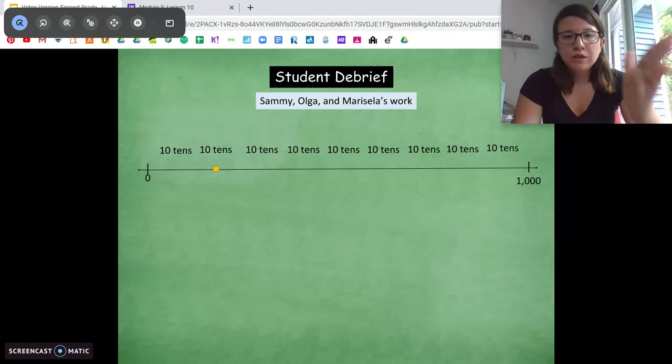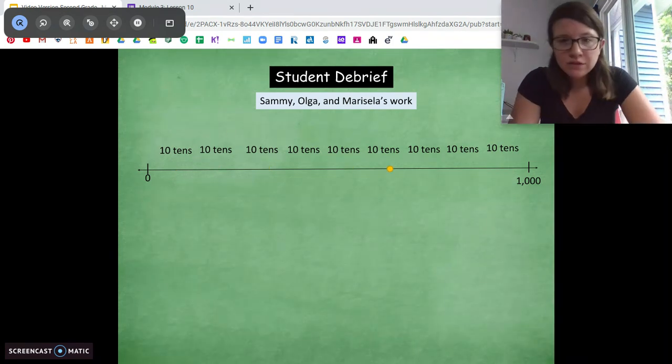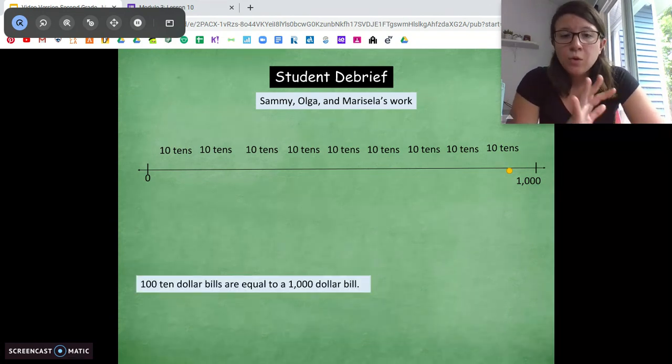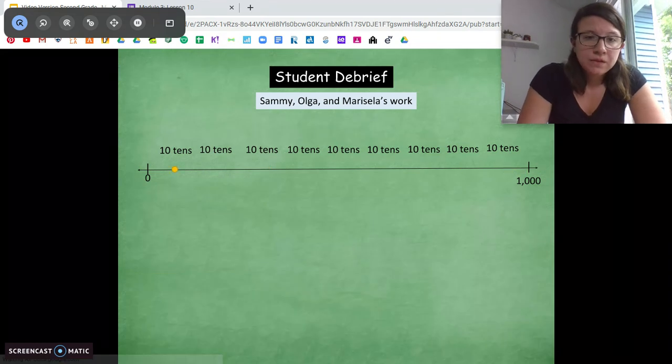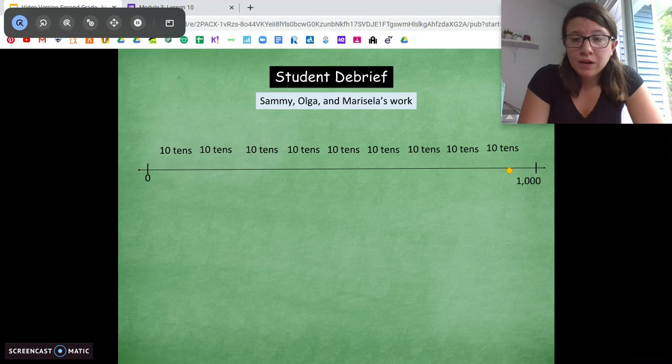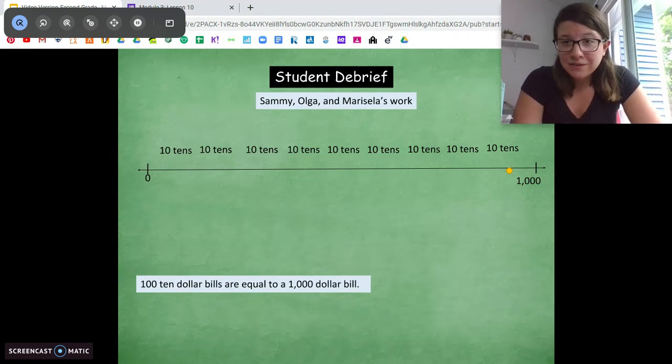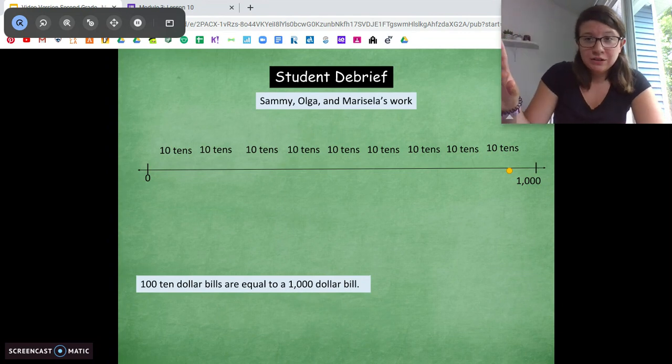So 100, 200, 300, 400, 500, 600, 700, 800, 900, 1,000. 100 $10 bills are equal to $1,000, right? 10, 20, 30, 40, 50, 60, 70, 80, 90, 100 tens is equal to 1,000. So the $10 bills, they broke it down into 10 segments, into hundreds, and they still got to 1,000.